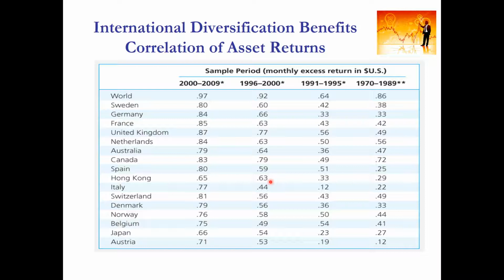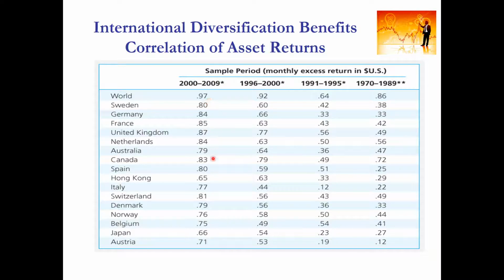This table shows the correlation between the US market and the other markets, particularly the developed markets. You can see that almost all the correlation coefficients are less than 1, indicating that there is still some diversification benefit investing across the globe.